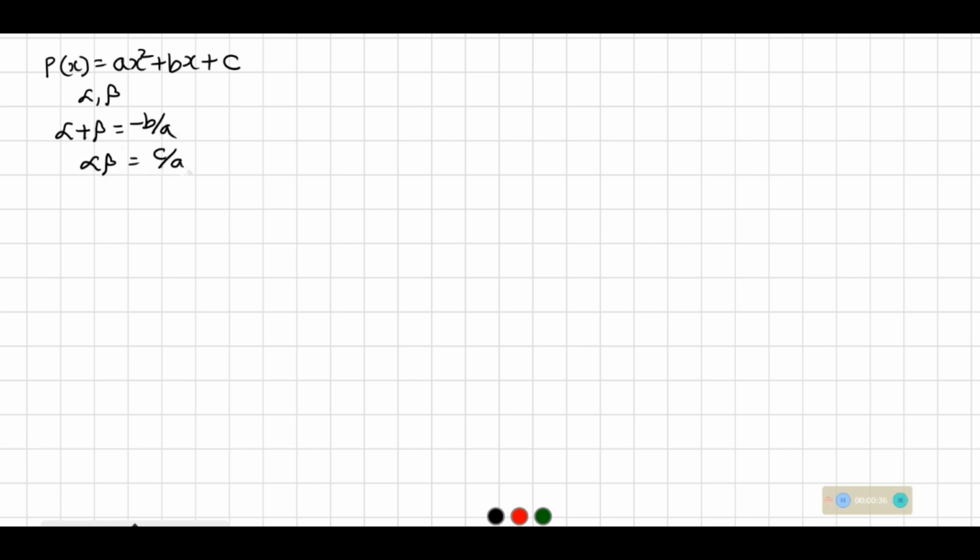This we derived. There is another simple way of deriving this. Instead of this direct quadratic polynomial equation, I will write up some examples so that we will understand better.